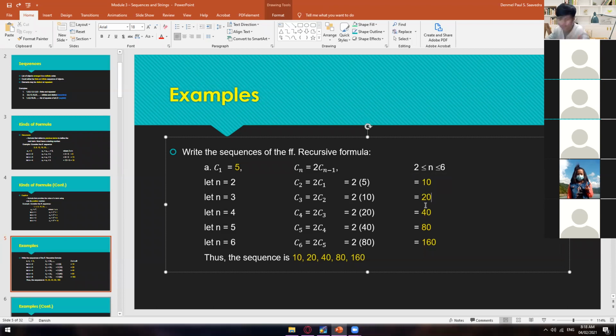And then just keep on doing that. Just substitute the last value into the formula and multiply by 2. Then you will be able to get the sequence: 10, 20, 40, 80, 160. So it keeps on doubling its past term. Just multiply by 2, by 2, by 2, by 2, by 2.